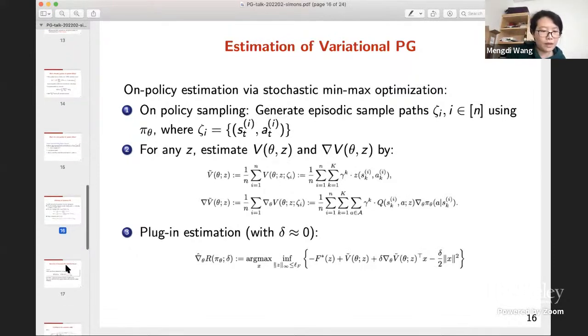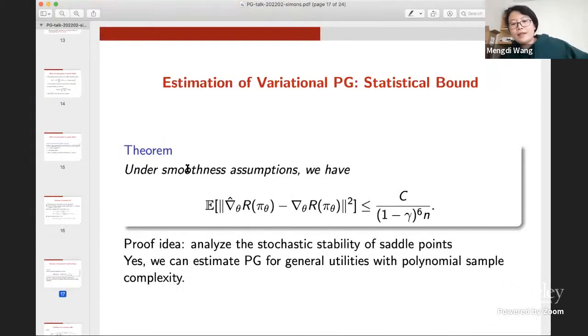Okay. So it turns out that in theory, one can provide an estimation error bound for estimating the policy gradient via stochastic saddle point problem. And the estimation error is only determined by smoothness of the objective function rather than the underlying dimension of state space, action space, or the probability density functions.